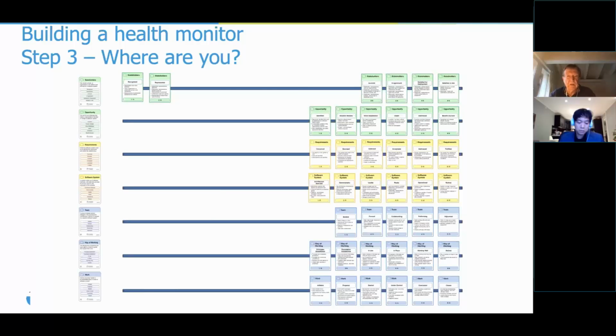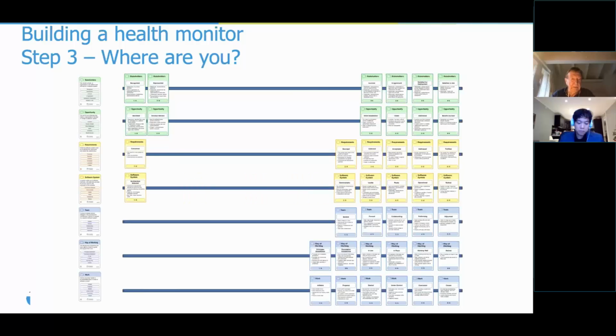We go down and take line by line. Now it's opportunity. Have we identified opportunity? Yes, we have, but we have not done anything more. We look, yes, okay, we actually had done more. We had taken the next state too, but not any further. And now we go down to requirements, yes. And we have a little bit of a solution.